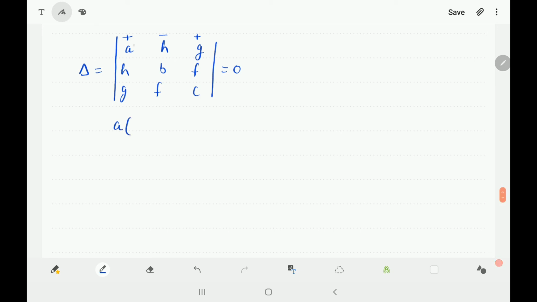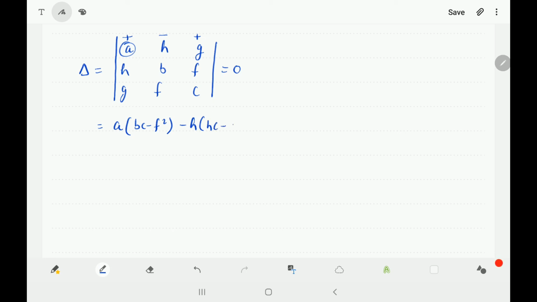How to do that? You have to take A, then remove all the elements of its row and column, and the balance elements can be cross multiplied like we were doing in Cramer's rule: BC minus F square. Now the next is minus H. Remove all the elements of the row containing H and the column containing H. So you will be left with H, G, F, C and cross multiply.